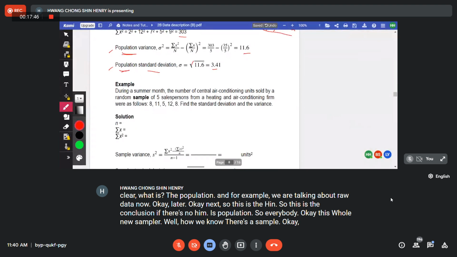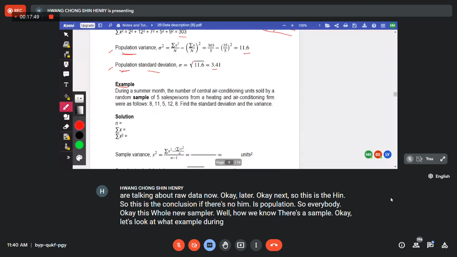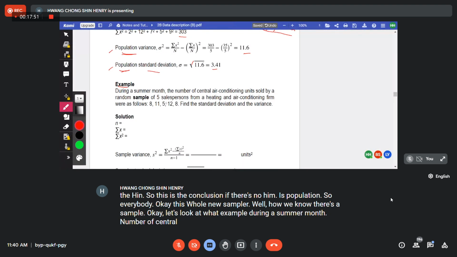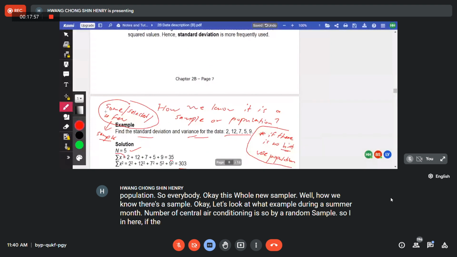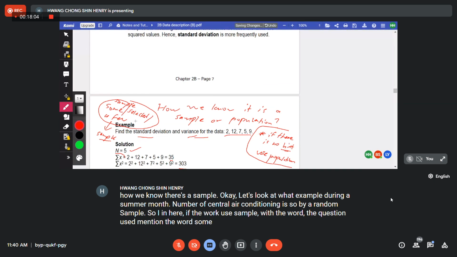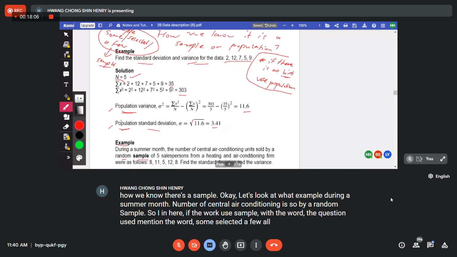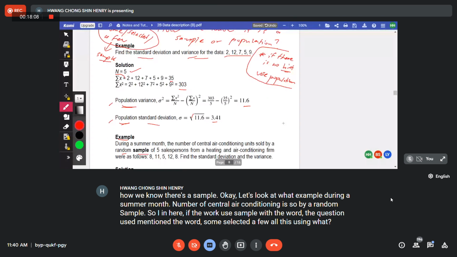Now, how do we know there's a sample? Let's look at one example. During a summer month, the number of central air conditioners sold by a random sample. So if the question mentions the words some, selected, a few, all this means we use the sample formula.